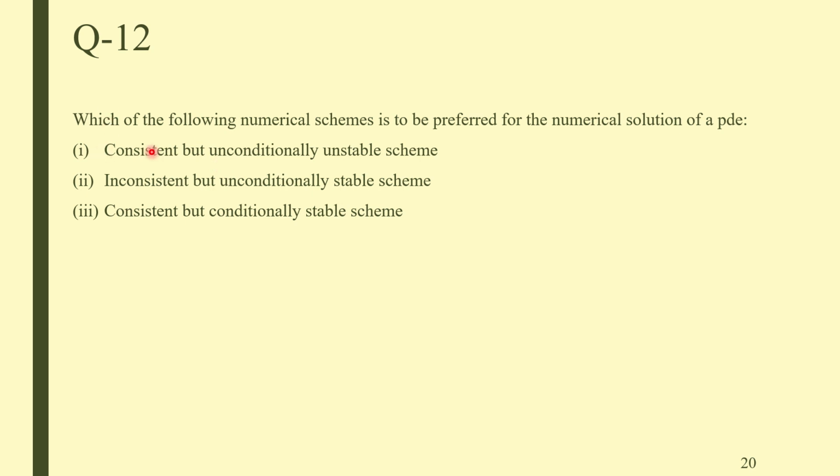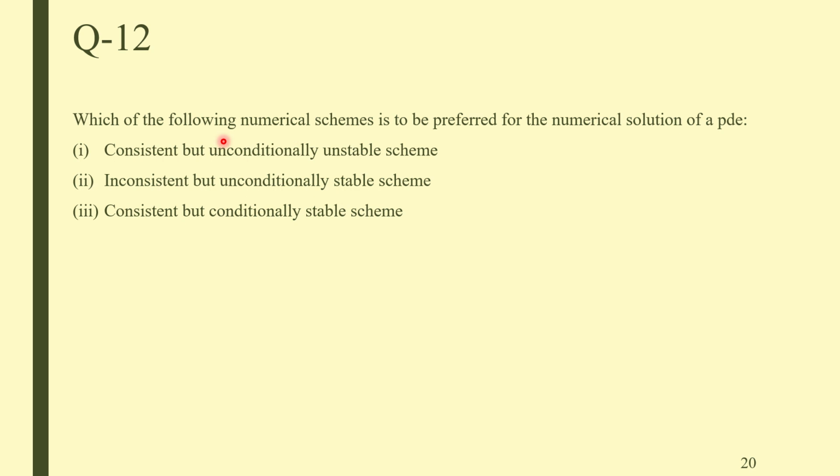So in the first statement, consistent is there but it is unconditionally unstable, and we do not want that. In the second one it is inconsistent, so again we do not want that, though it is unconditionally stable. Whereas in the third statement consistency is there and conditional stability is there. If it is conditionally stable, we can modify it and get the solution, so it is not a problem.